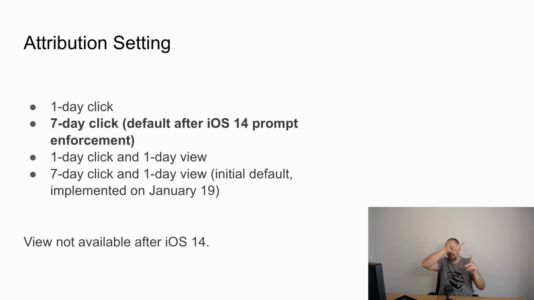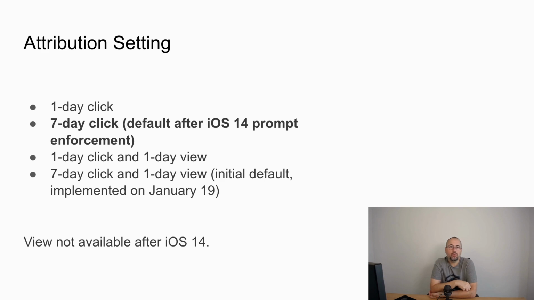If the desired event takes place after that window, it's ignored. It's not a conversion anymore. The default value will be 7 days after click, but you can select 1 day after click. And right now they're still available two options with view: 1 day click and 1 day view, and 7 day click, 1 day view.